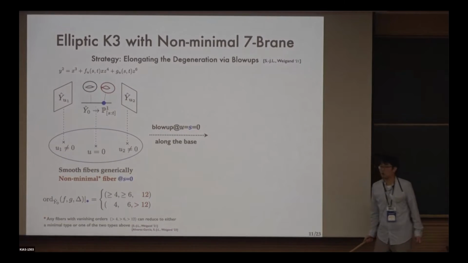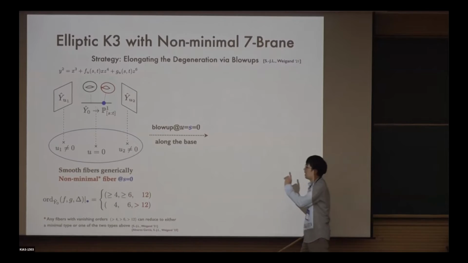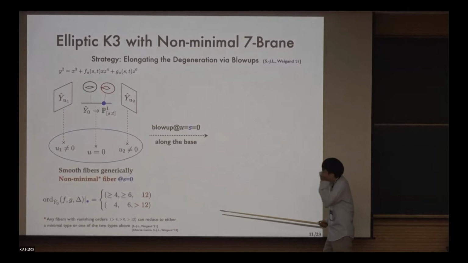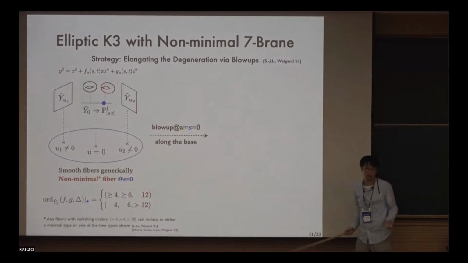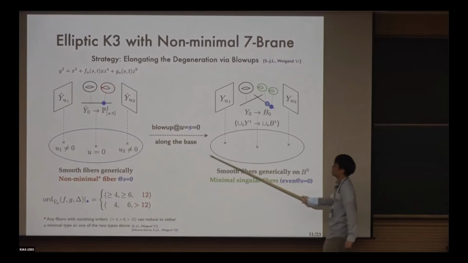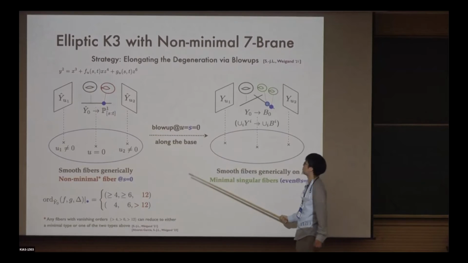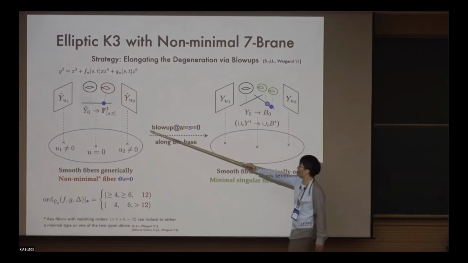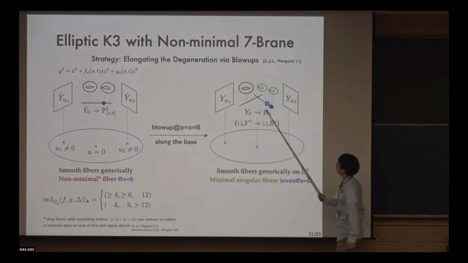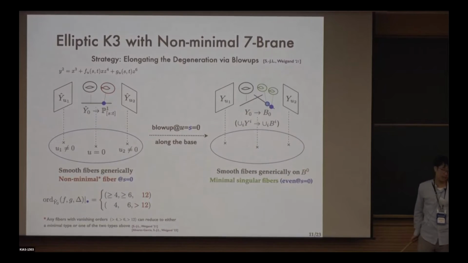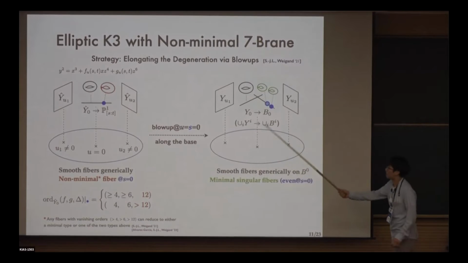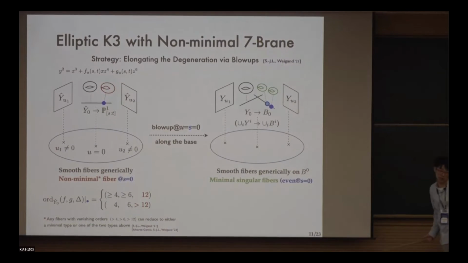And by this, what we do is actually to have a close look at this stack of non-minimal 7-branes, and we just resolve this into some, so to speak, component branes. So in the end, what we get is, it used to be a single base P1, now turns into a chain of P1s, and this single stack of non-minimal branes now splits into multiple stacks of minimal branes in the end. So this turns out to be always possible by just blowing up along this point possibly multiple times.